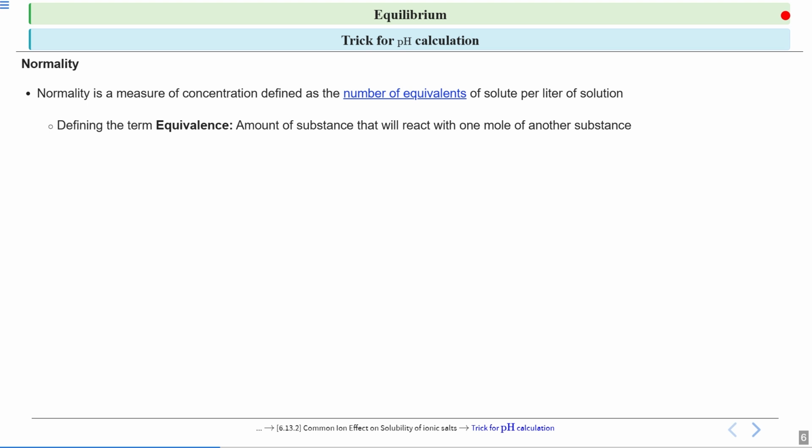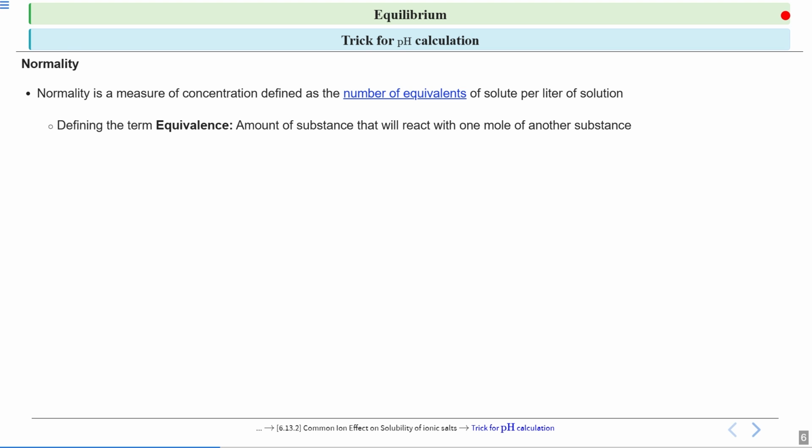Further, if you want to define normality, then it is the number of these equivalents which are present per liter of solution. Suppose I say that 12 gram of species A reacts with 1 mole of species B. So 12 gram will be the equivalence.